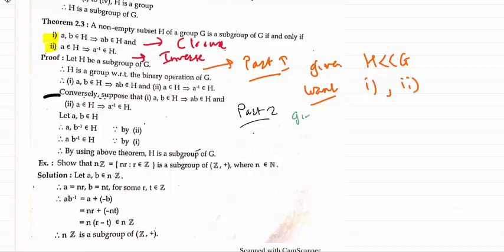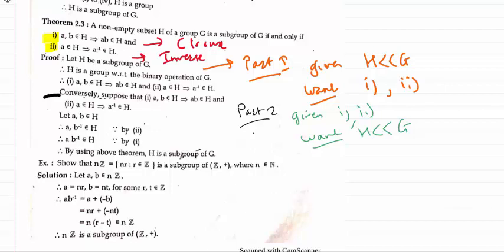Part 2: given the closure and inverse properties satisfied by a non-empty set H, we have to prove H is a subgroup of G. I hope you understand what is given and what is claimed.